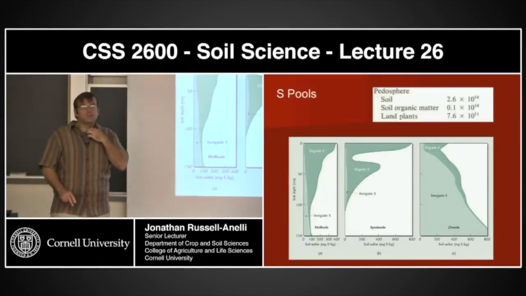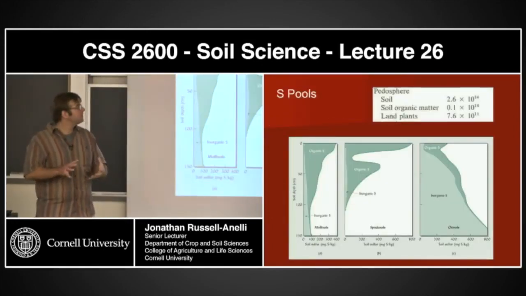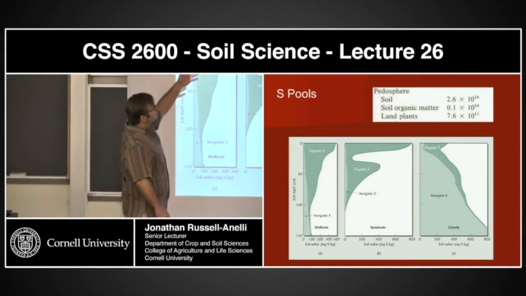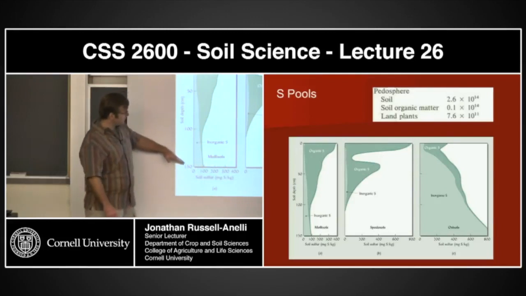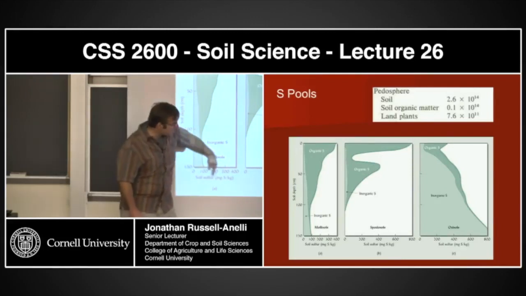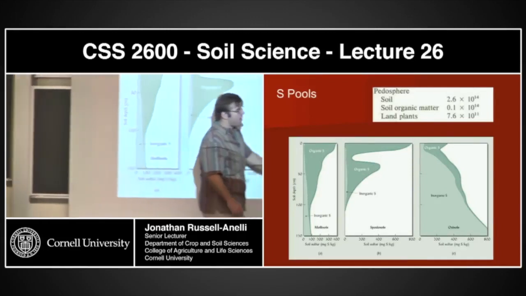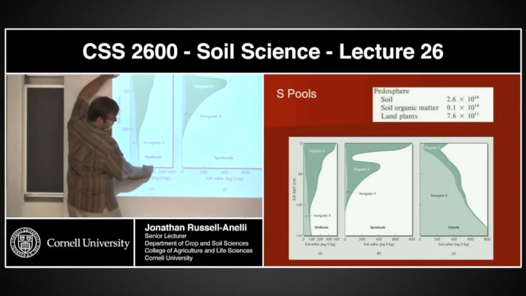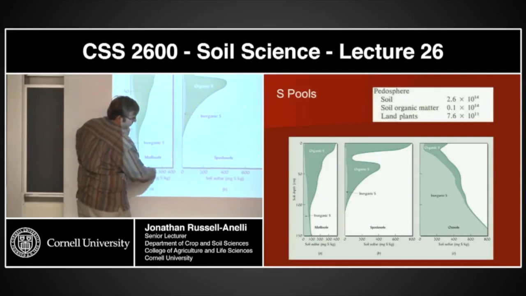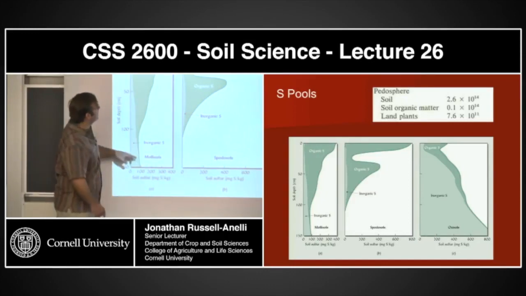Okay, where are those pools when we start talking about the pedosphere? Soil organic matter and land plants. I have three different soils here. What you're looking at is the soil depth and then concentrations within each one in the profile. The larger the bar, the more the bar is over here, the higher the concentration.